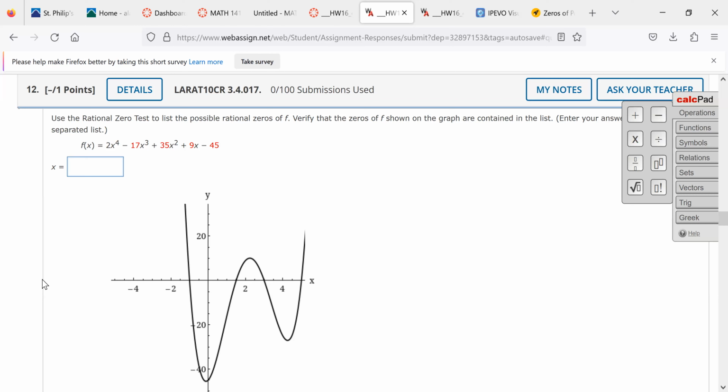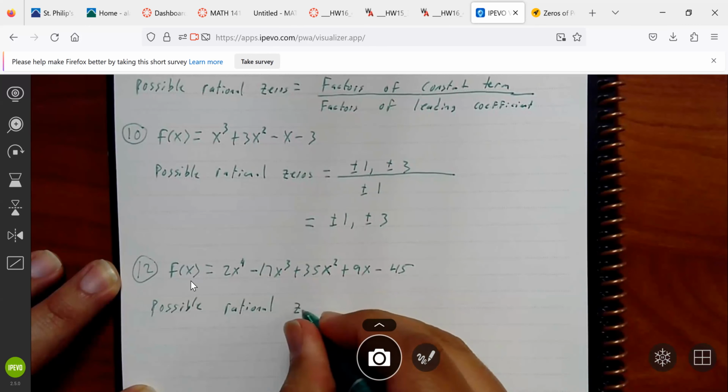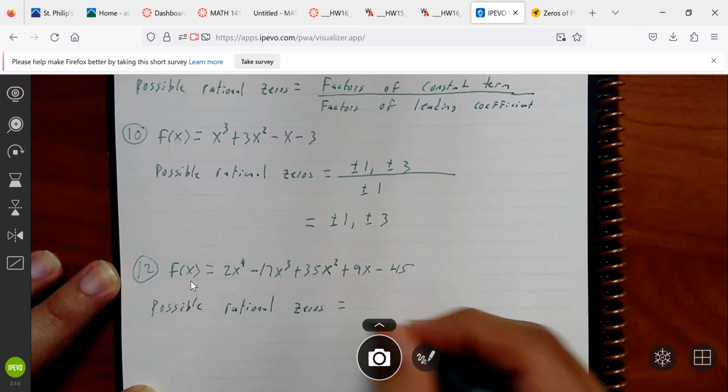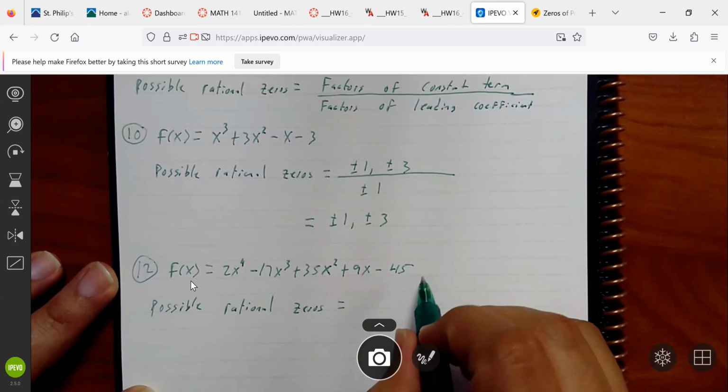All right. The possible rational zeros will equal, so take all the factors of 45.